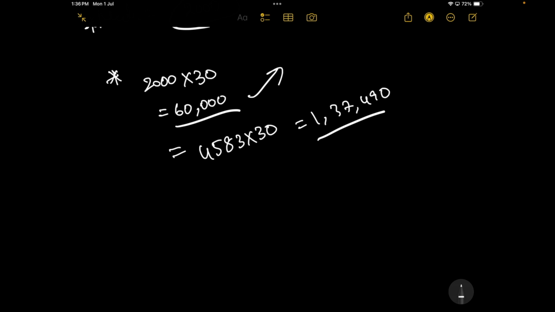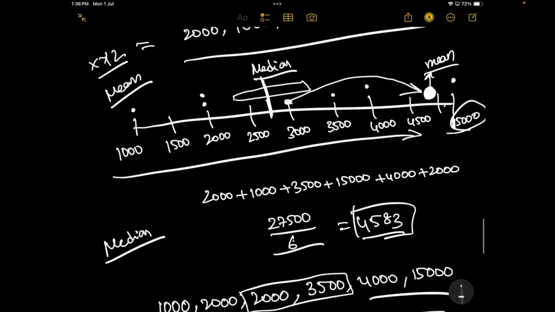But based on the average, I can't dare to tell them they're going to make 1,37,490 every single month, right? Because every time they are actually making only 2000s and 3000s, but one single outlier made the mean value doubtful. That's why we take mean, median, and mode, and make a good decision.